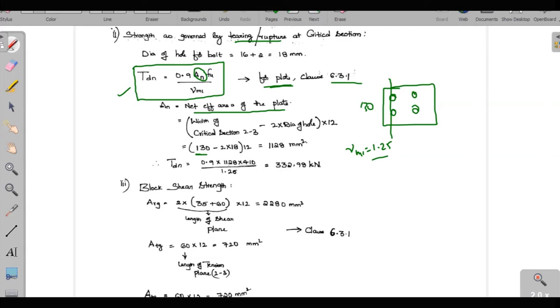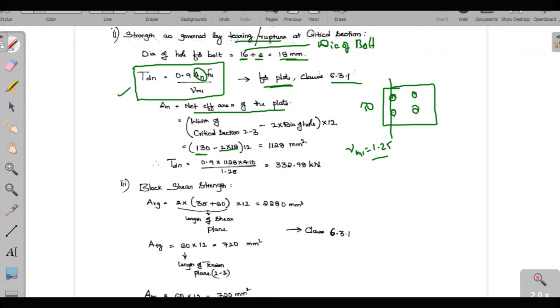So 130 minus 2 times the diameter of the hole, since there are 2 bolts, 2 into 18. Okay, the hole diameter has to be used here, not the bolt diameter. See, the diameter of the hole for the bolt is 16 plus 2, 18 mm. So this is punching. The operation in which these bolts are fixed is by punching the hole and putting that bolt into it. So 16 is the dia of the bolt.